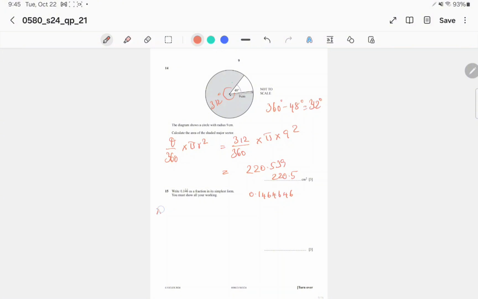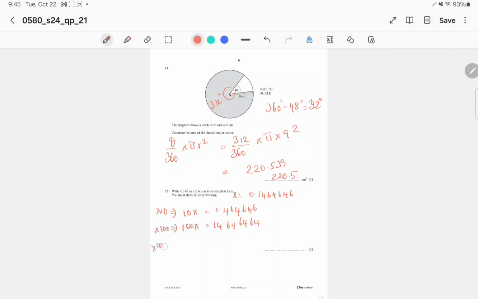First equation, x is equal to 0.146464646. Multiplying by 10, 10x equal to 1.464646. If it is by 100, 100x equal to 14.646464.